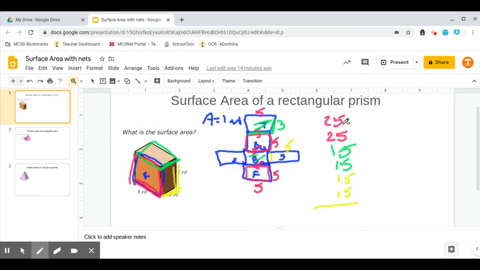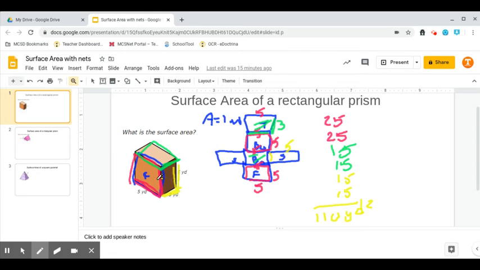So 25 and 25 is 50, 65, 75, 80, 95, 110. So if we add those up, we have 110 yards squared.